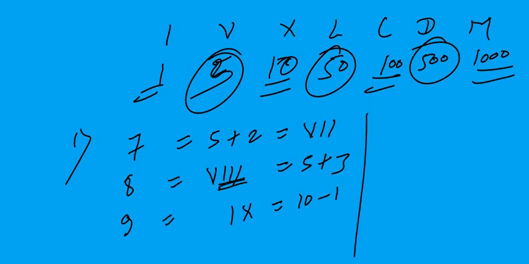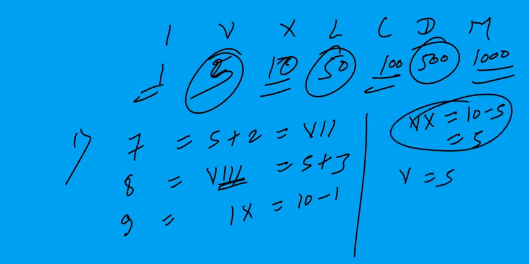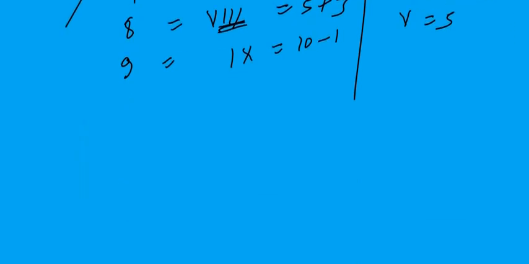That means we cannot write VX, that means not 5, it is incorrect because for 5 you already have V. So V, L and D cannot be subtracted. That would be a wrong rule. So I hope this method is very useful, and only I, X, C and M can be repeated.